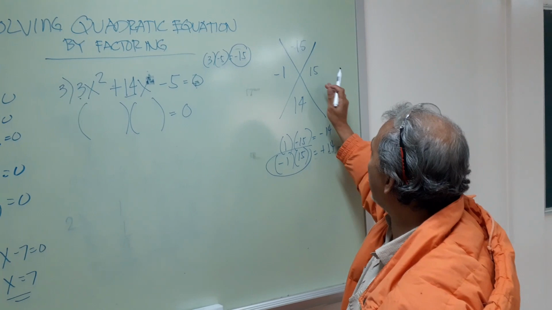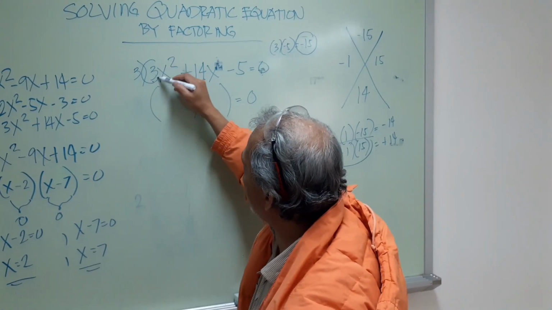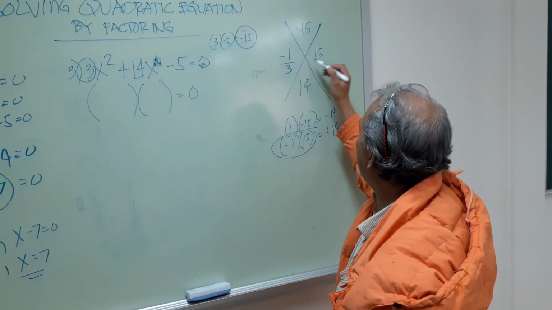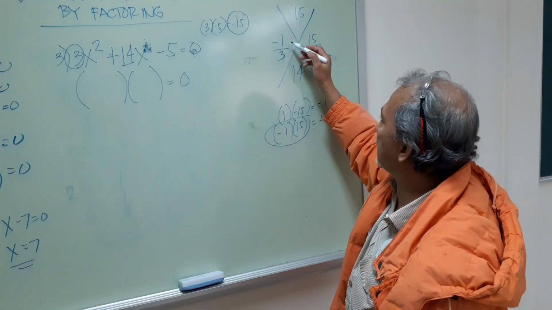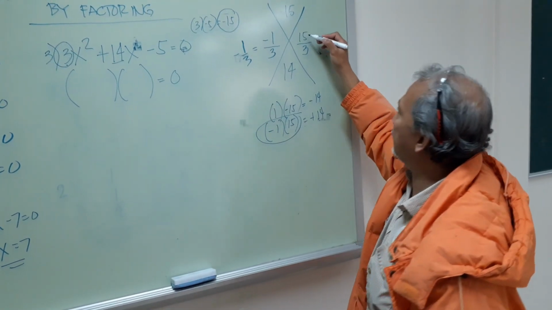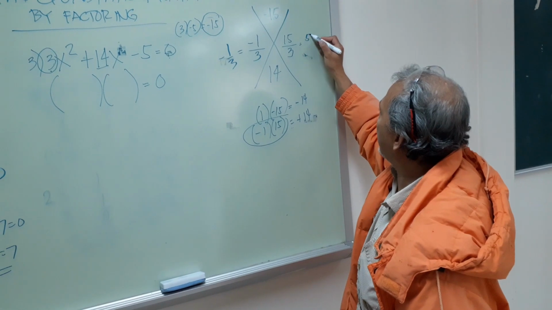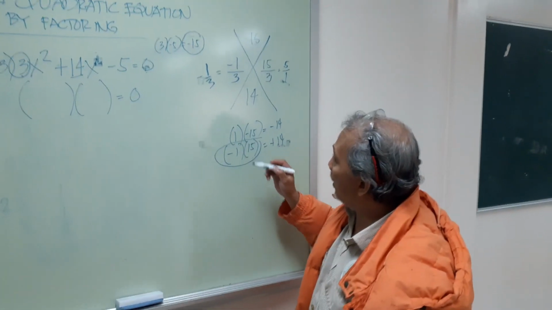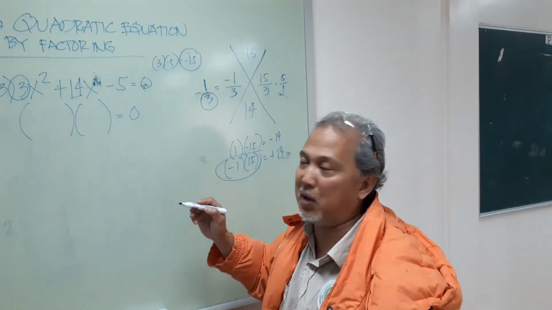Again, let's divide these two numbers by our first coefficient of x, which is 3. So negative 1 over 3 and 15 over 3. So negative 1 over 3 is negative 1/3 and 15 over 3 is 5 over 1. Okay? Now, this denominator is our coefficient of x.